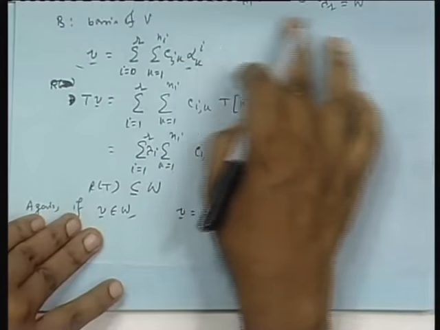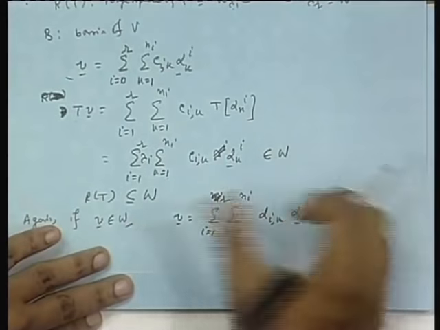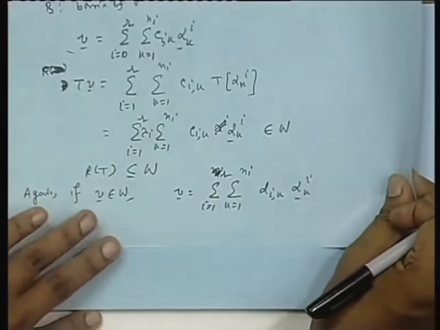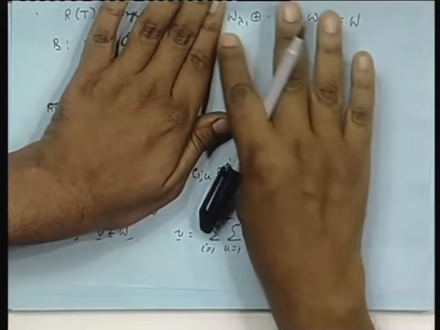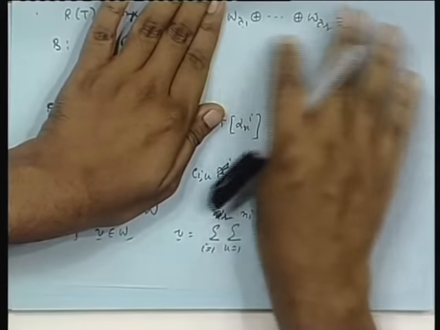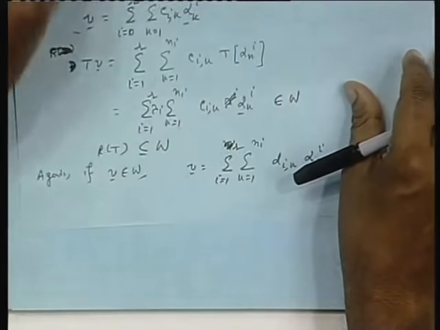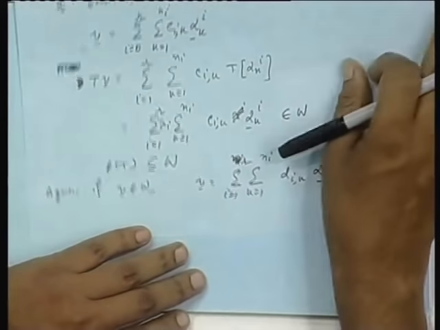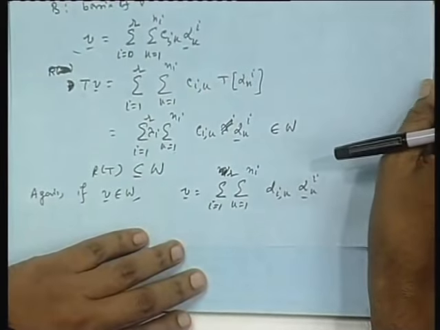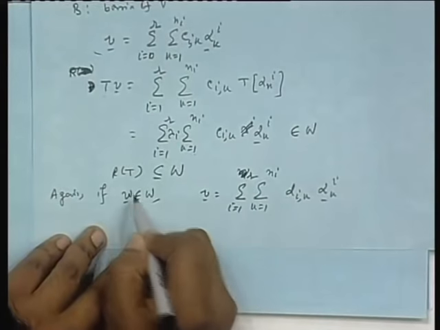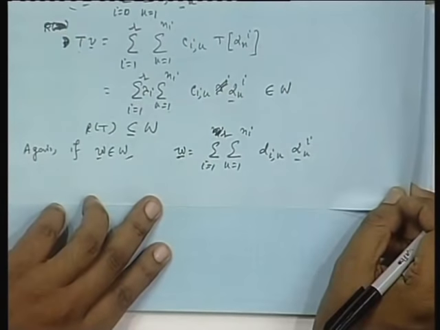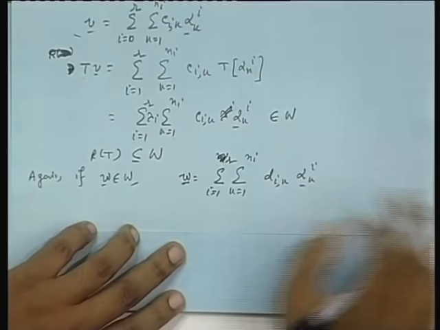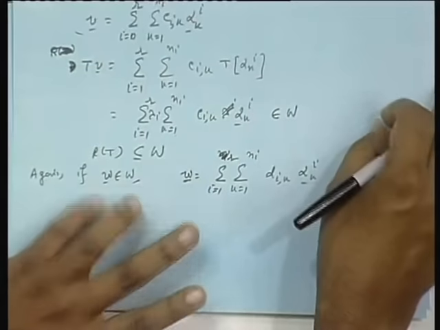Just the basis vectors of the subspaces and a linear combination. Because W is nothing but the direct sum of these distinct eigen subspaces, any vector belonging to W you can write like that. In fact, why v? You can even call it w. That's better. Vector w.